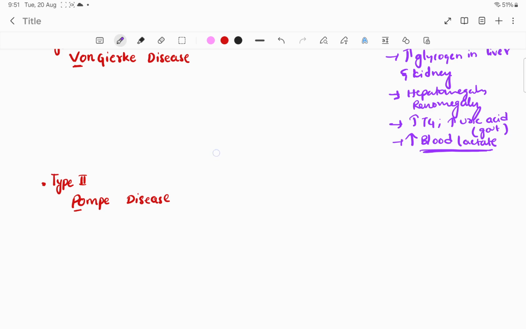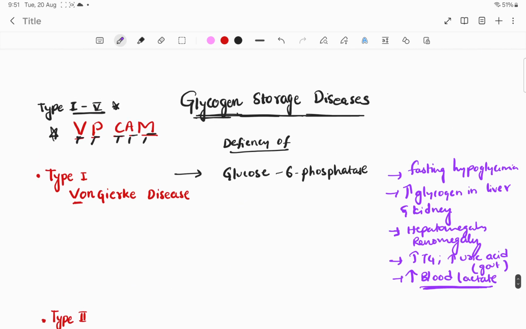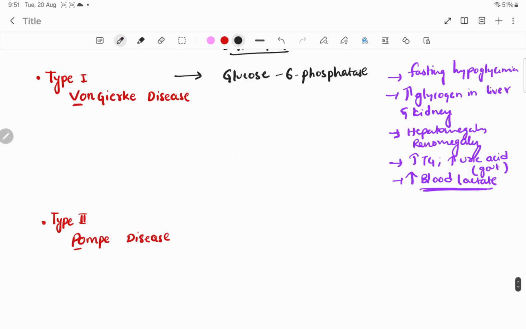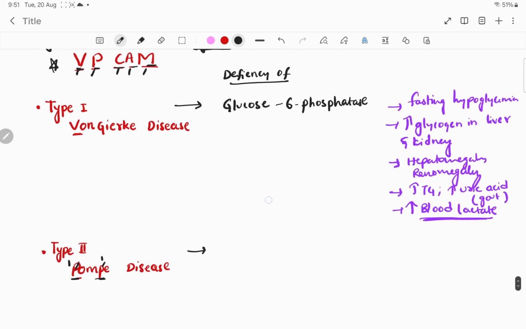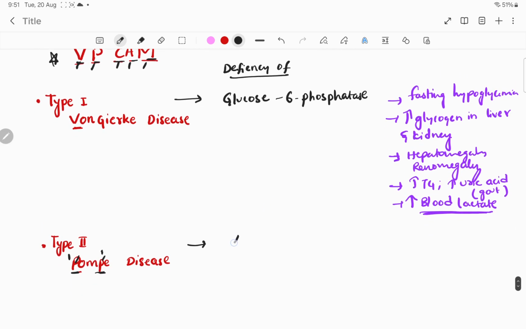Next, Pompe's disease. How will we remember Pompe's disease? See, Pompe: the first letter is P, and counting 1, 2, 3, 4, the fourth letter is also P. So same letters P and P, Pompe. This is due to deficiency of the alpha 1,4 glucosidase enzyme.